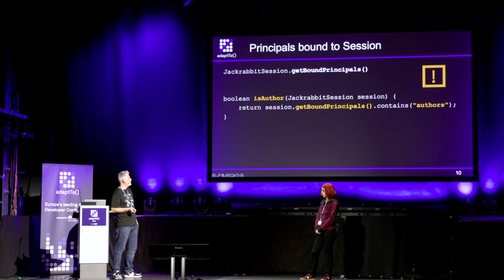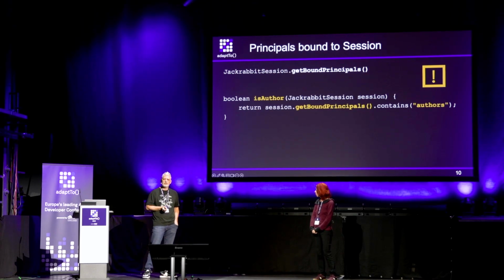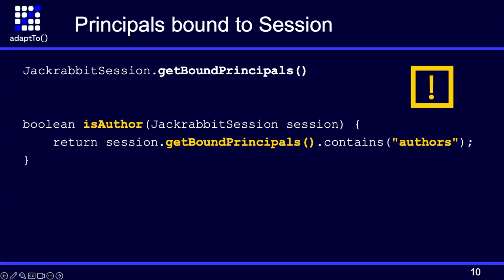So if you really need to check which principals your user has, it's better to rely on this method from the JCR session, getBoundPrincipals. As I mentioned before, the principals are resolved upon login, are stored in a cache, are stored in the session during the lifetime of this object, and are stored in a bound principals variable, I think it is, yes?